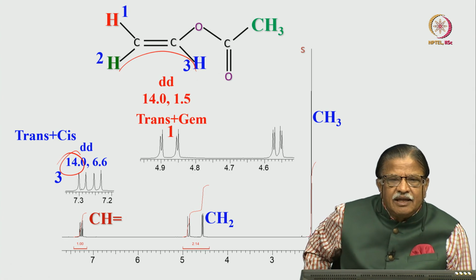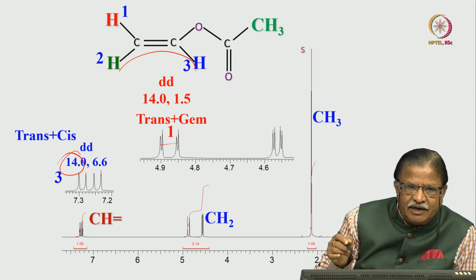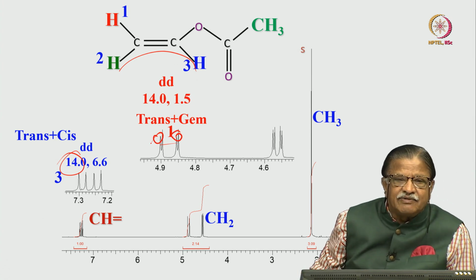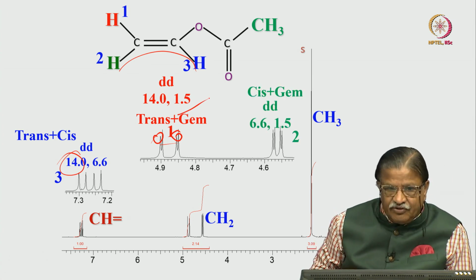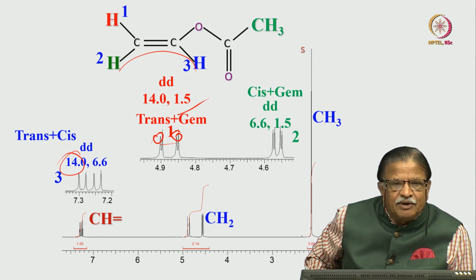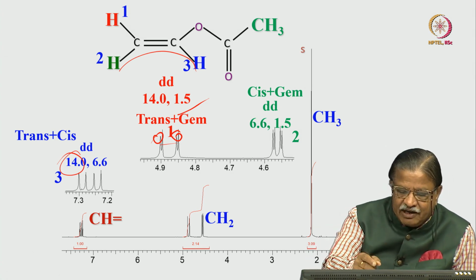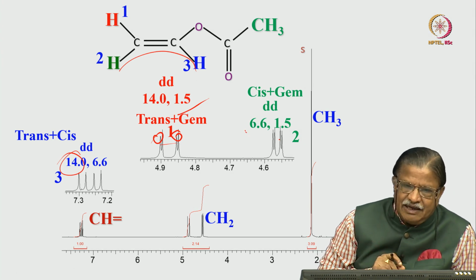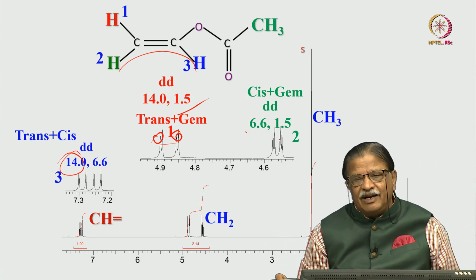Next one, this proton 1, has a large trans coupling, well separated, and then each of them is split by a small coupling because of geminal, which is only 1.5 hertz. Continue further, this has to be proton 2, because this has a vicinal coupling smaller than the trans coupling, of the order of only 6.6 hertz, and each of them is split into a doublet because of geminal coupling of 1.5 hertz. Very easily you can interpret.